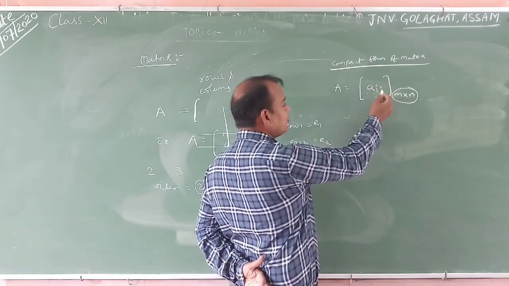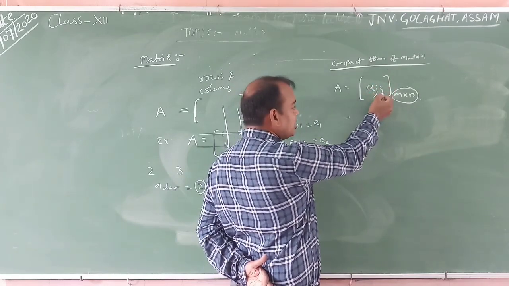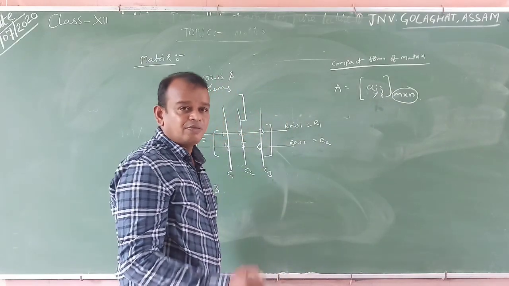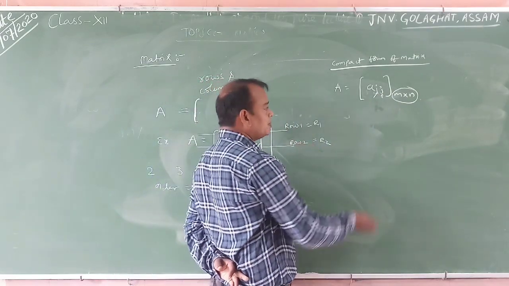This is called compact form, where the suffixes i and j represent the element present in which row and which column.